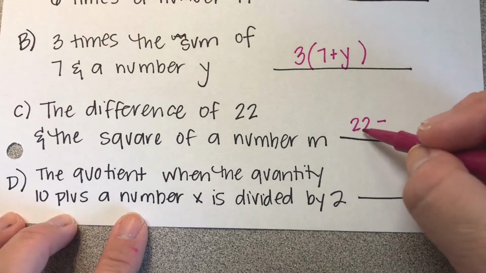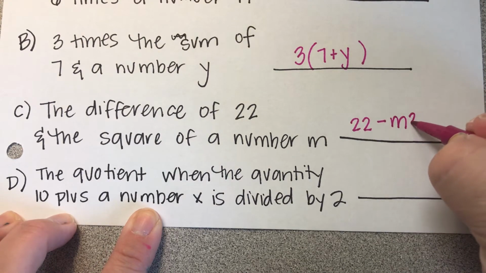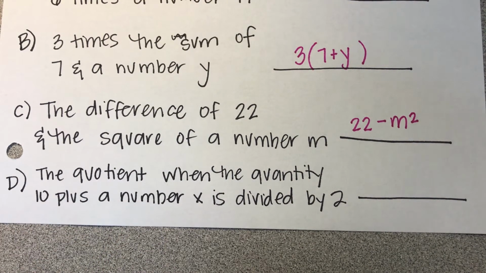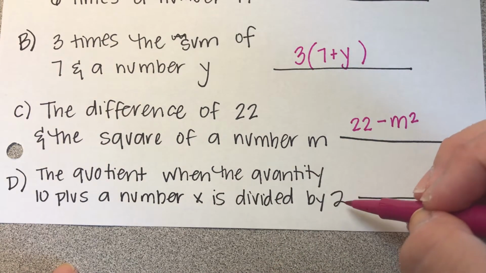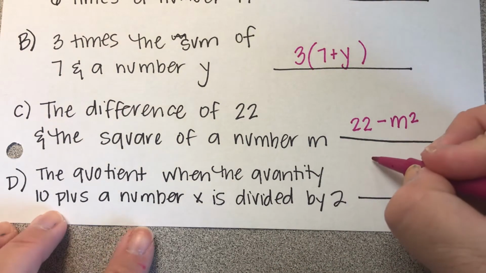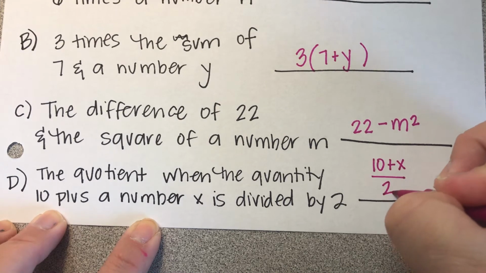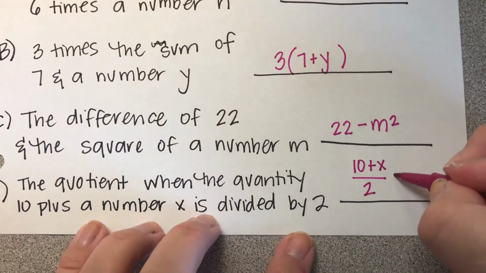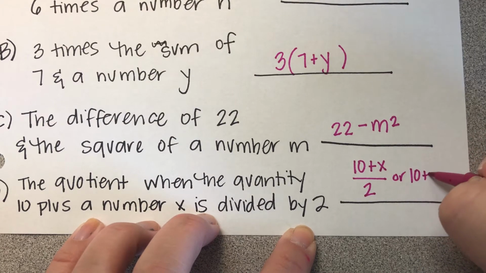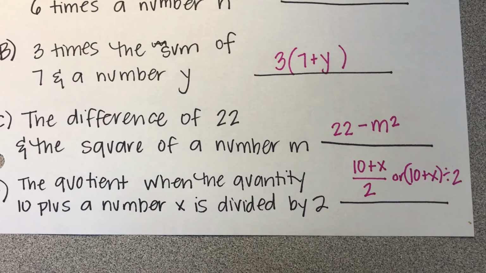So what's the difference between 22 and m squared? And then letter D says the quotient when the quantity 10 plus a number x is divided by 2. So 10 plus the number x is being divided by 2. Okay, you could also write it as 10 plus x in parentheses, and that whole thing is being divided by 2.